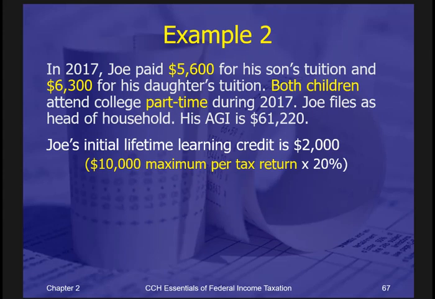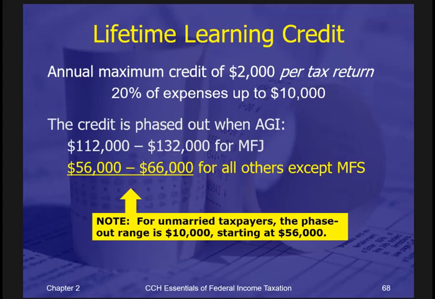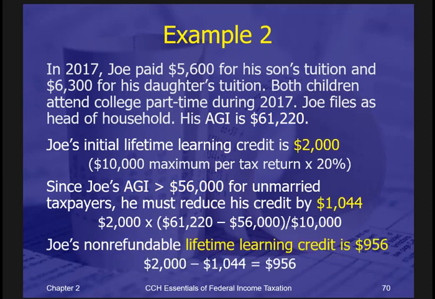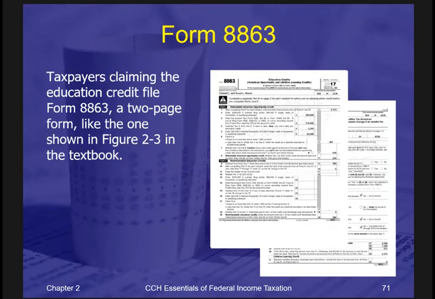So notice there's $2,000 phased out because he's married filing as an unmarried taxpayer. So again, it's in between the 56 and the 66. So part of it's phased out, 1,044. He gets the remaining credit.